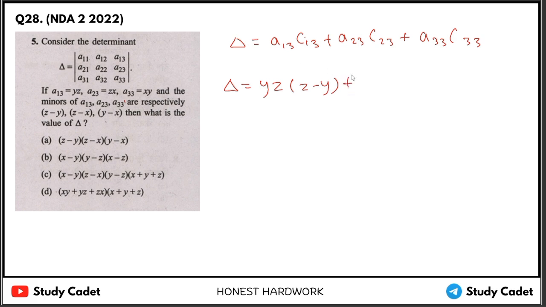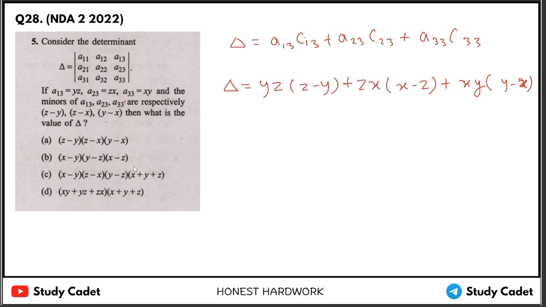Plus A23 is ZX, the cofactor of 2 3; 2 plus 3 is odd, so we change the sign: X minus Z. Plus A33 is XY; 3 plus 3 is even, we will not change the sign: Y minus X. Okay, this is our determinant.